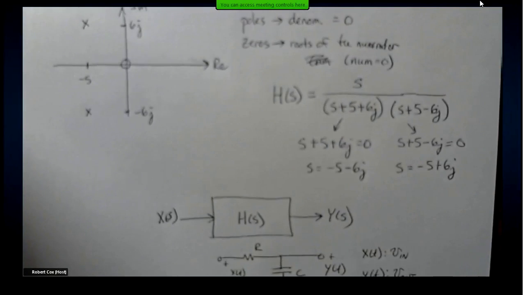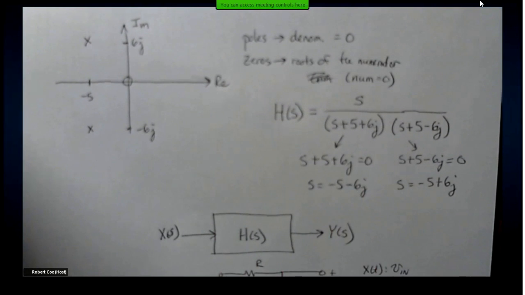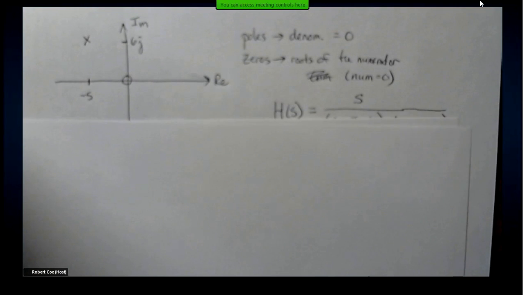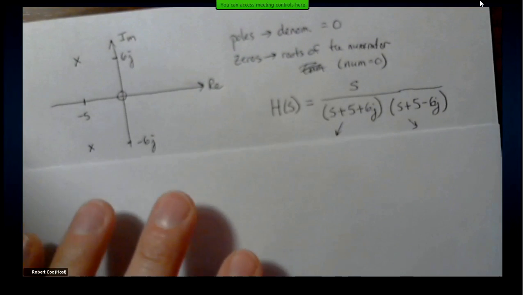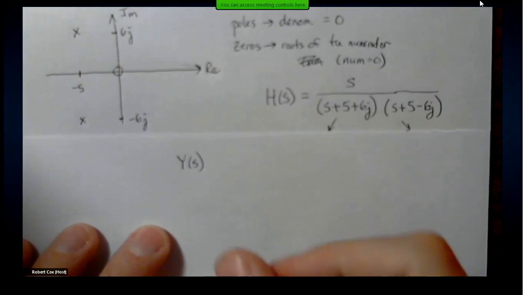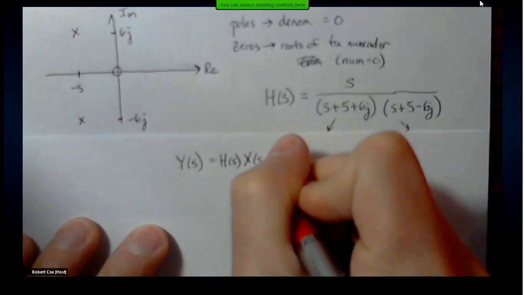For the transfer function that we started out with at the very beginning of this lecture, where I had this pole zero and created this transfer function, I want to find the impulse response. I know always that the Laplace transform of the output is h of s times x of s.